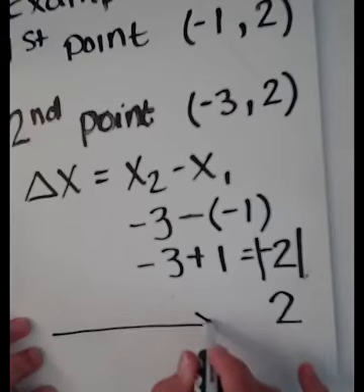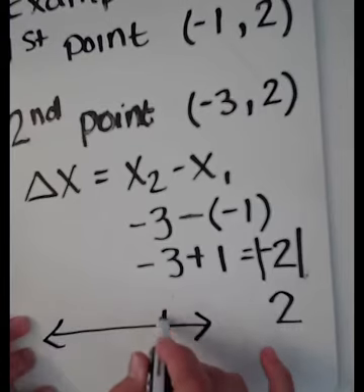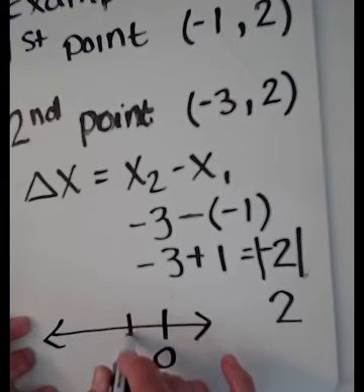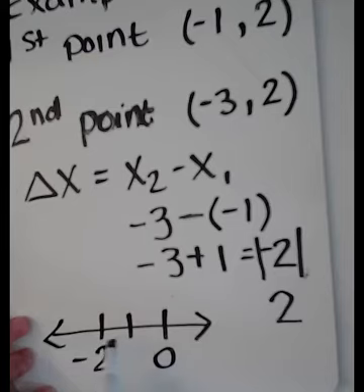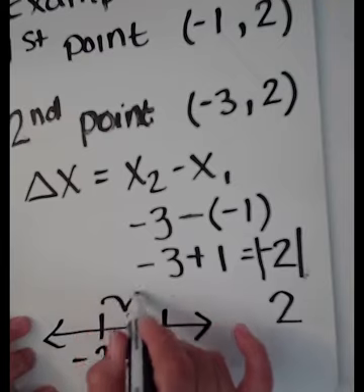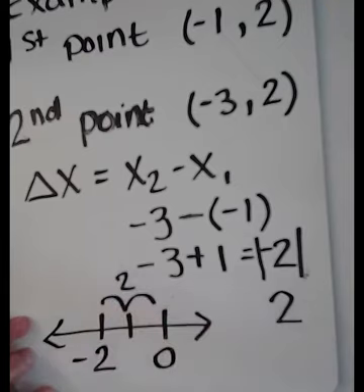Again, looking at our number line, negative 2 is 2 away from 0. So 2 is the absolute value of negative 2. That's how far away it is from 0.